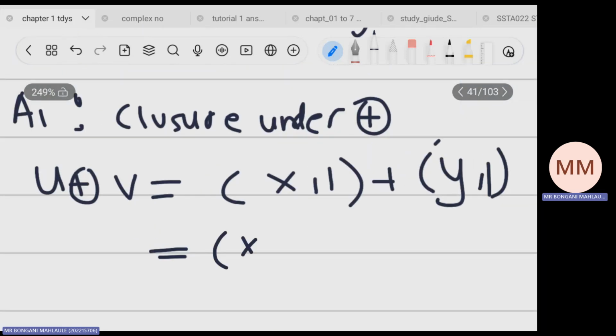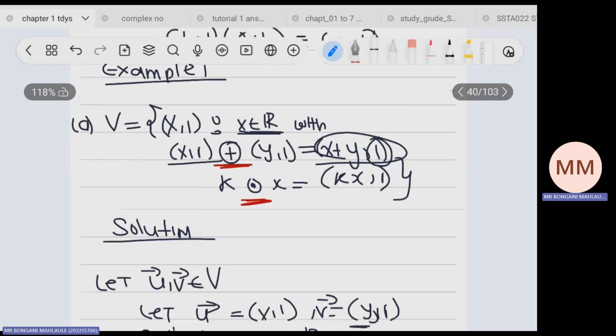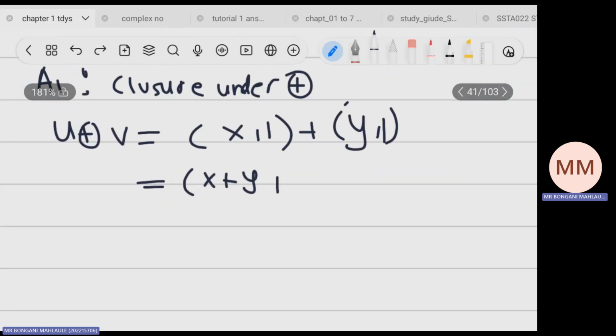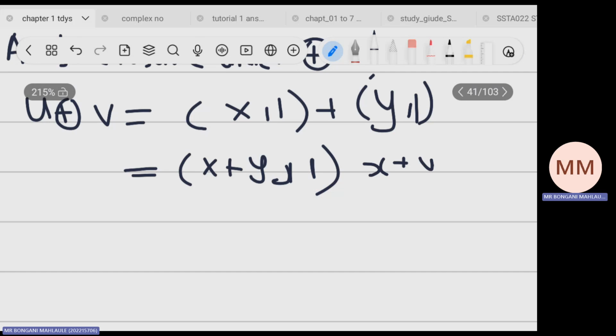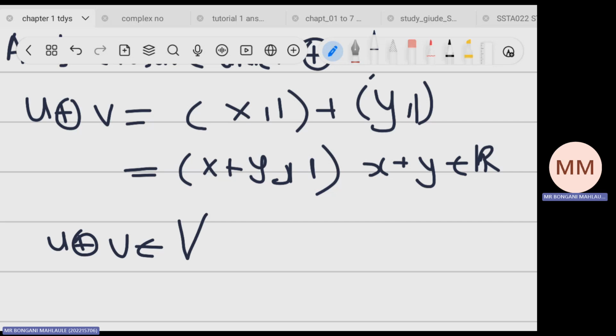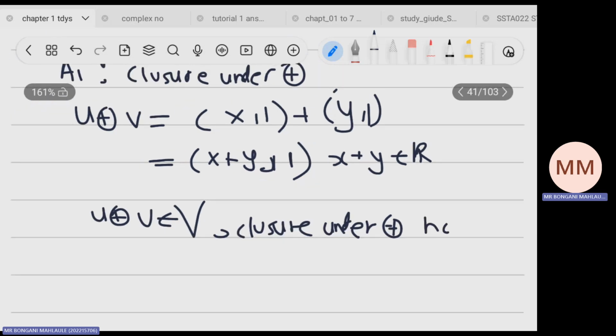So it means you'll say x plus y, then 1 is fixed. If you check, 1 is fixed. So even here we're going to fix 1 like this. Then we know x plus y is an element of real numbers. Then we can say u plus v is an element of the vector space V. So closure under addition holds.